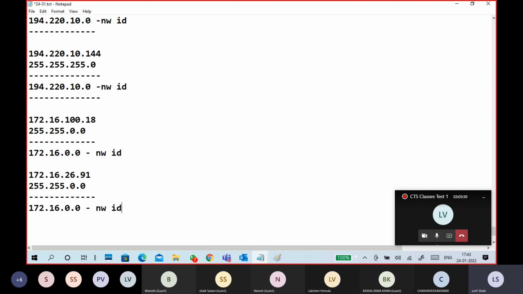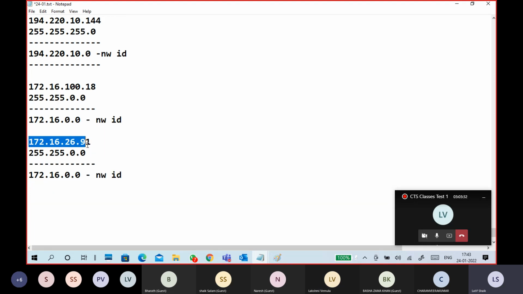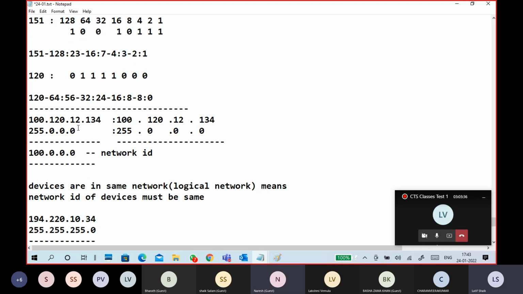Maybe it looks like a different one, but it is the same network only.